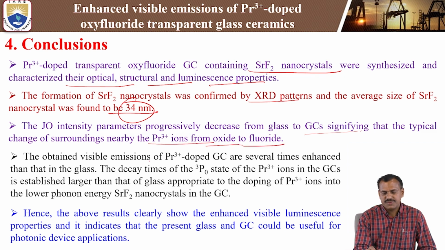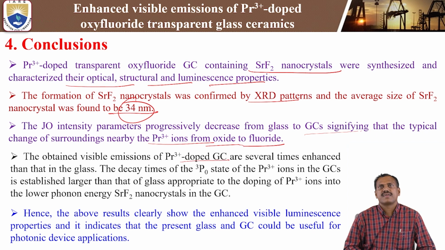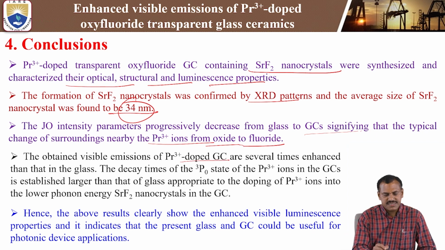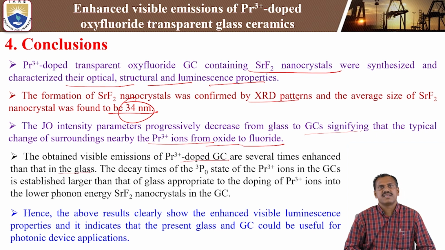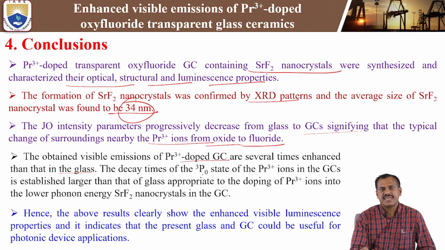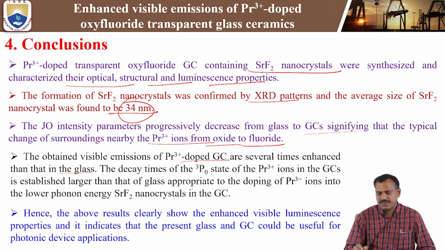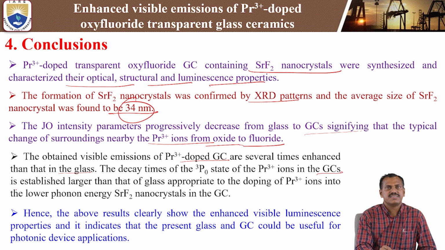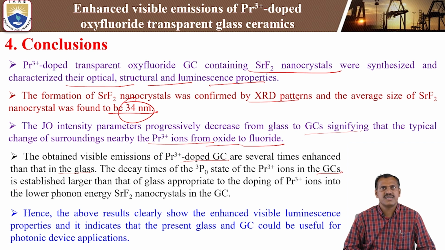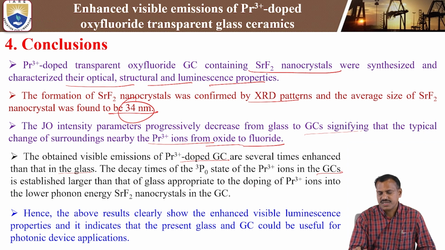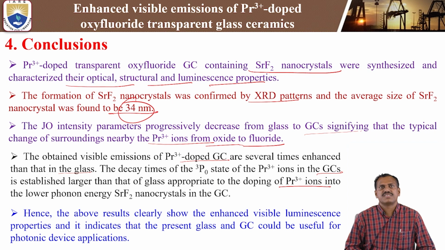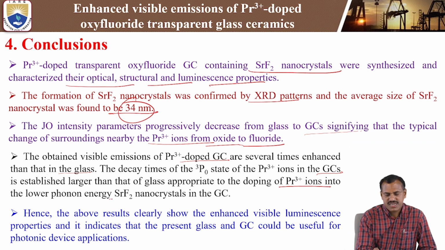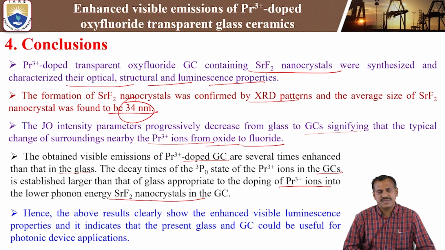The obtained visible emissions of praseodymium 3 plus doped glass ceramics are several times enhanced compared to the parent glass. The decay time of the 3P0 state of the praseodymium 3 plus ions in the glass ceramics is larger than that of the glass, appropriate to the doping of praseodymium 3 plus ions into the lower phonon energy strontium fluoride nanocrystals in glass ceramics.